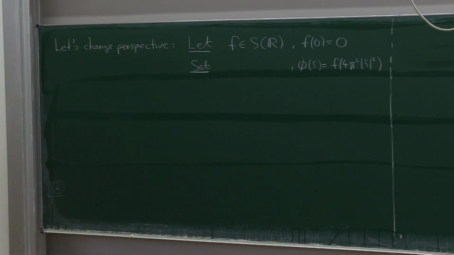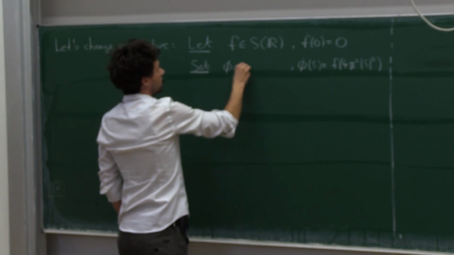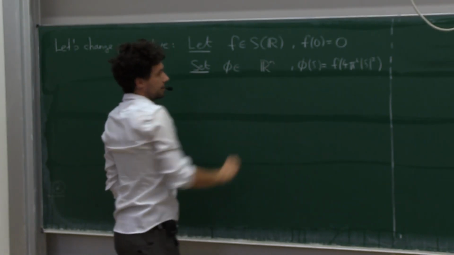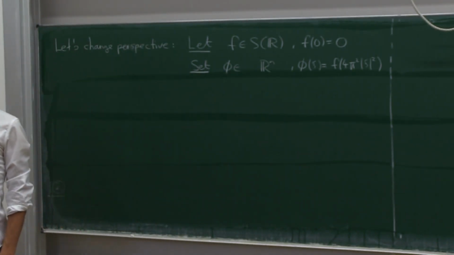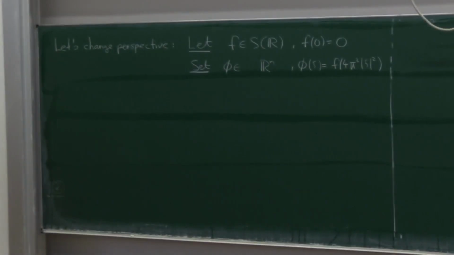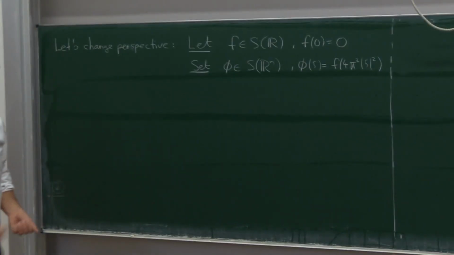Now you see where this is going. This phi is now a function on Rn, and it's believable, but it has to be proved as one of the exercises, that this is a Schwartz function on Rn.